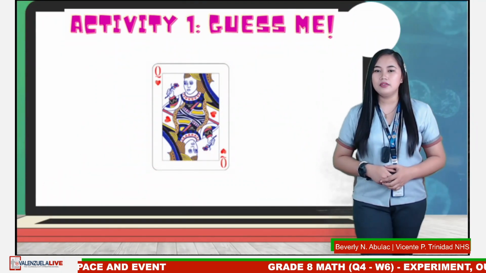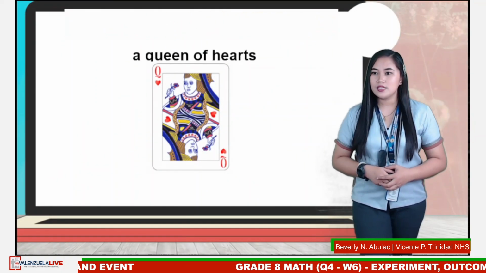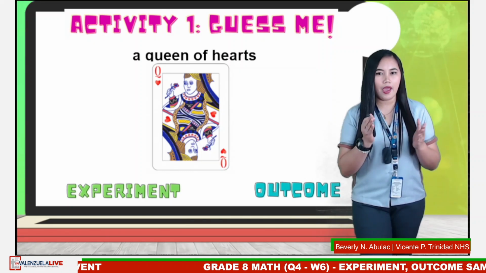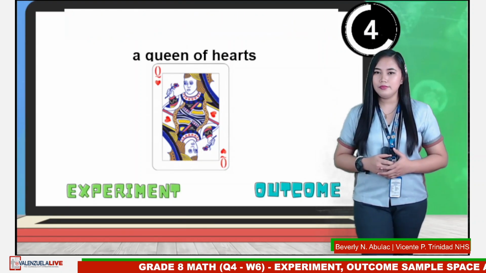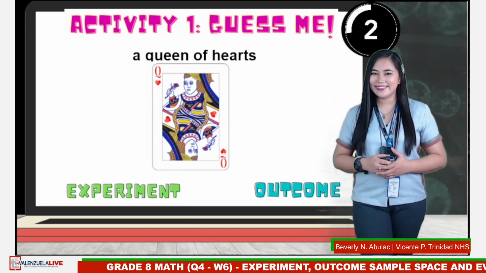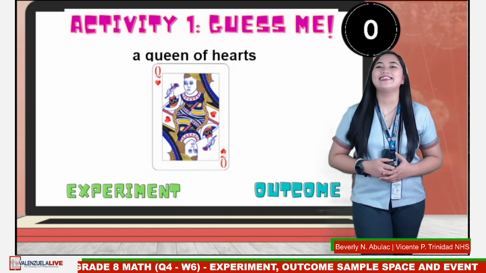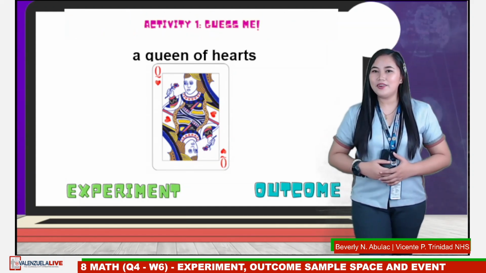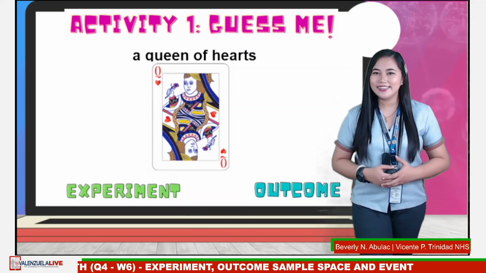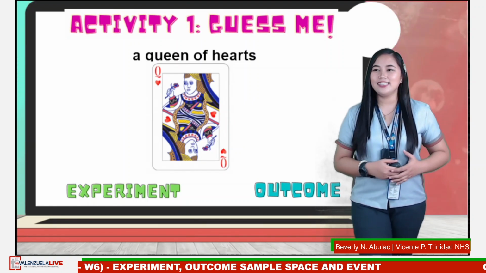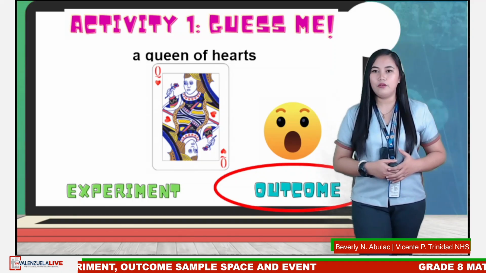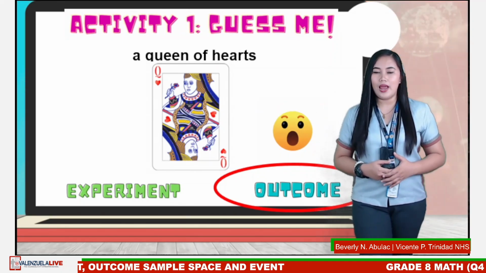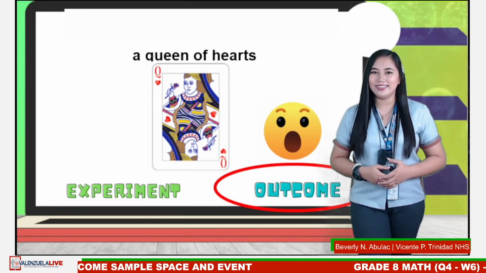Next, we have a queen of hearts. Is it an experiment or an outcome? Are you done pressing the correct react button? Alright, the answer is outcome. Therefore, you should be able to press the wow react button.